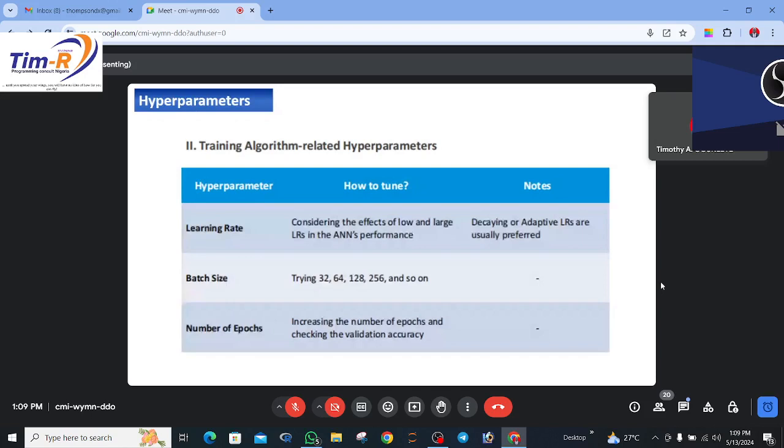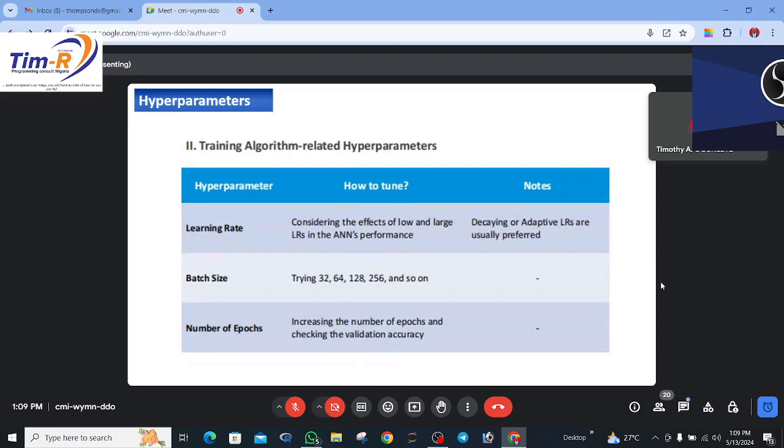Now, another thing is the number of epochs. Increasing the number of epochs and checking the validation accuracy is very important, because for any model you want to train, the model might be training fine and getting closer to 99.9%.